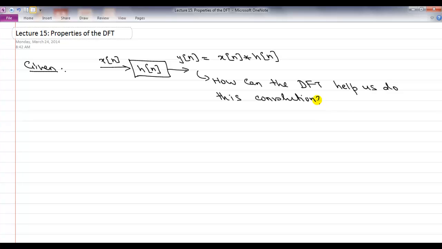And why we might be interested in this is because of computational complexity. If you use the convolution formula directly, the computational complexity is pretty high. It's almost square in the length of the input samples. And what you want to do is use the discrete Fourier transform to reduce that computational complexity.